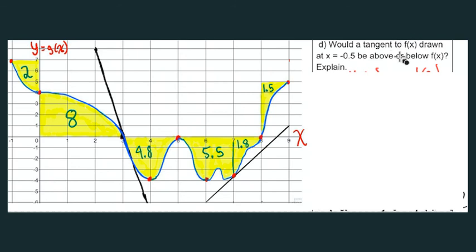That's the first thing you have to know. Do you remember that property that shows whether tangent is above or below the curve? It has to do with concavity. When a curve is concave up like that, the tangent is always below. If a curve is concave down, the tangent is always above.